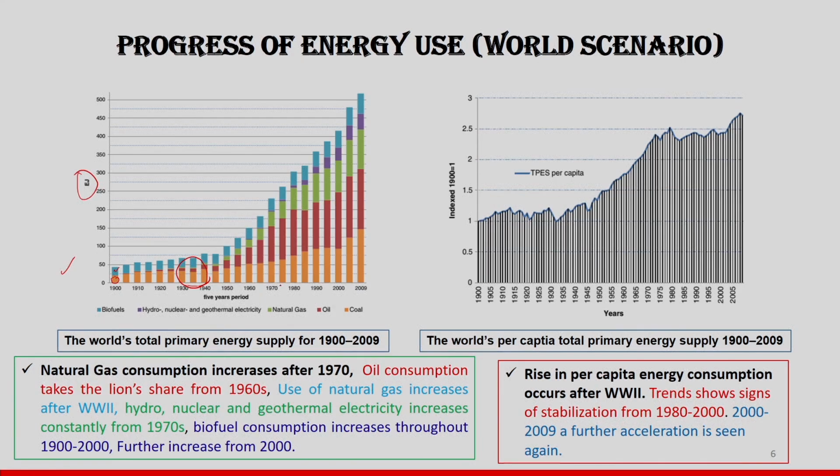Again, if we see the 1970s, natural gas use increases after the 1970s. This is natural gas. And oil consumption takes the lion's share from the 1960s, because all the machineries were developed by that time, and that is why oil takes the lion's share. The use of natural gas increases from World War II, and hydro, nuclear, and geothermal electricity increase constantly from the 1970s.